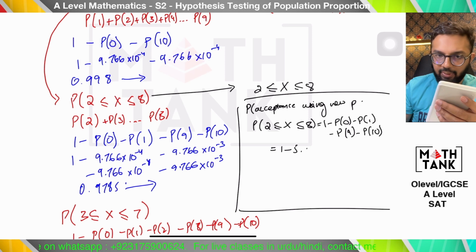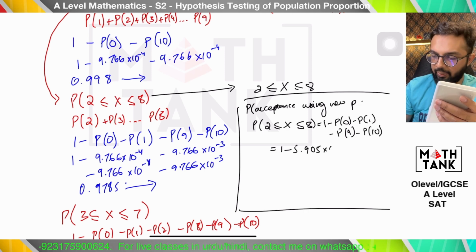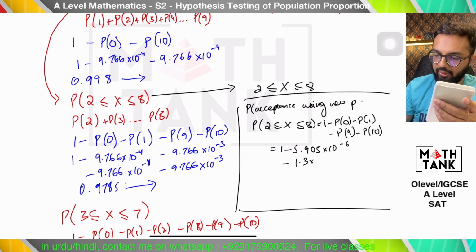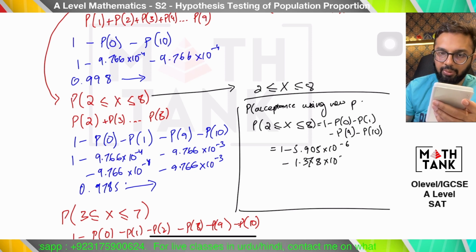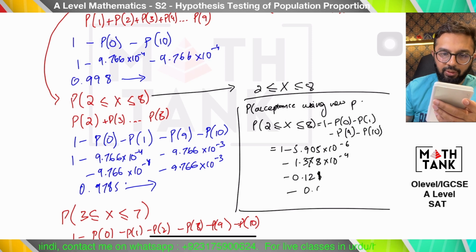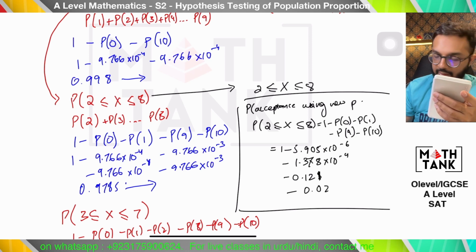With n = 10 and p = 0.7, I get 5.905 × 10^-6, 1.378 × 10^-4, 0.121, 0.0282.